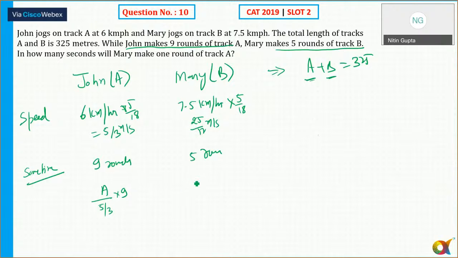The time taken by Mary to complete 1 round of track B is B upon 25 by 12, and she completes 5 rounds.